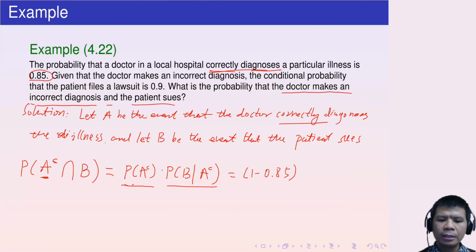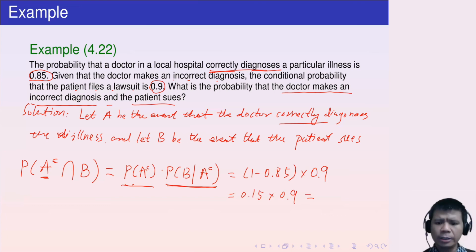From the second sentence, given an incorrect diagnosis, the conditional probability of a lawsuit is 0.9. So it is 0.15 times 0.9. Using the calculator, we have 0.135.